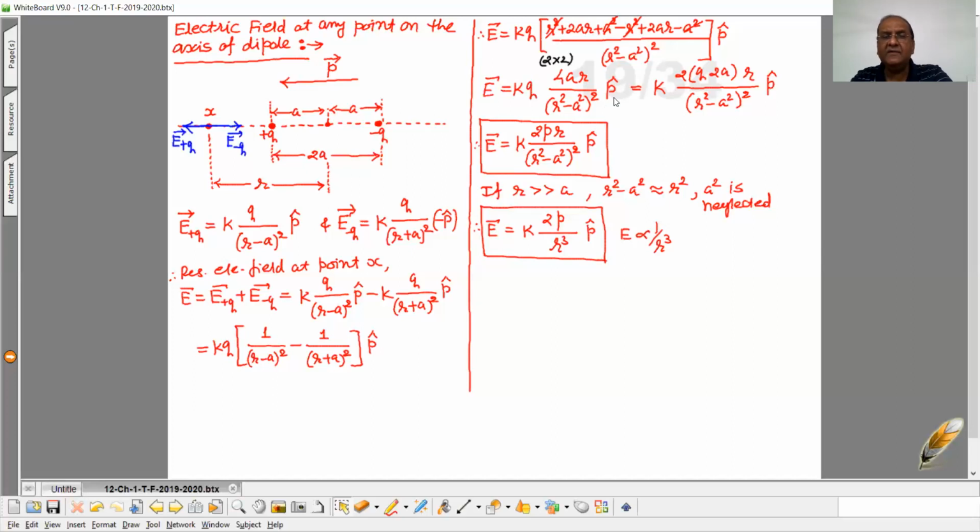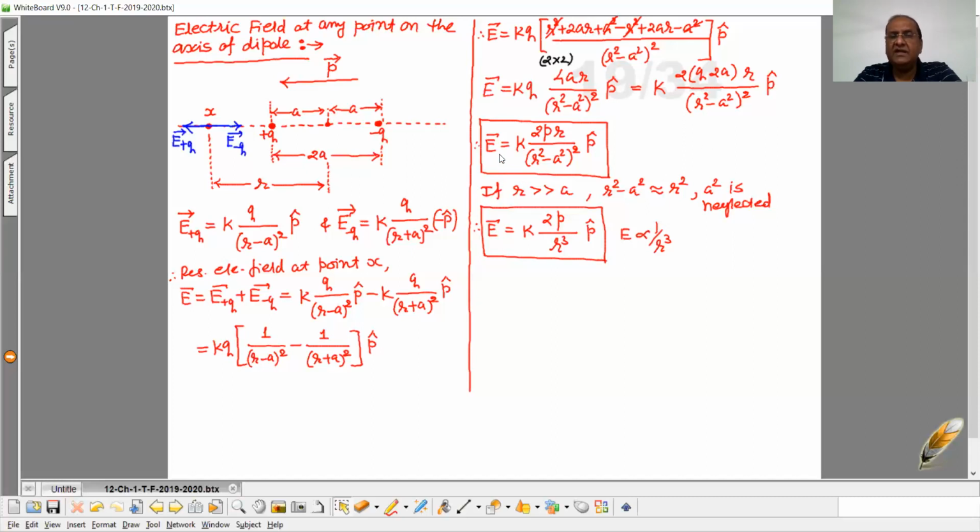But now this 4 is divided into two parts, 2 into 2. So we can write K into 2, then Q into 2A, into R P caret as it is, and R square minus A square whole square as it is. But Q into 2A is the magnitude of the dipole moment.